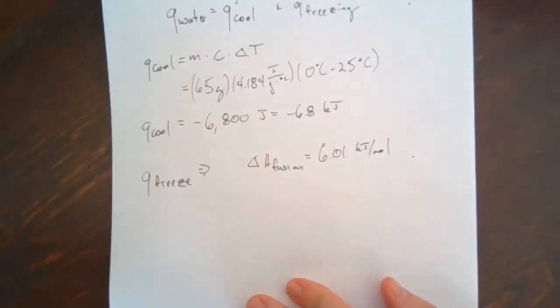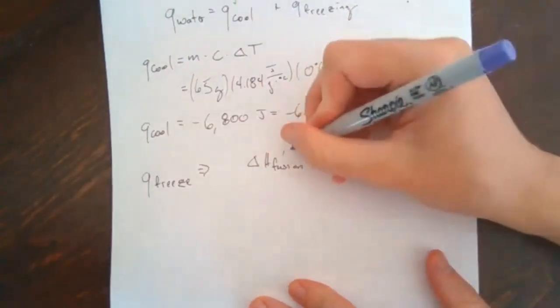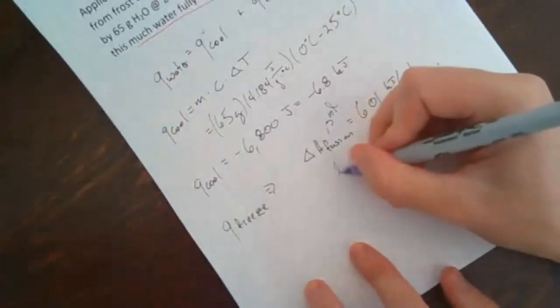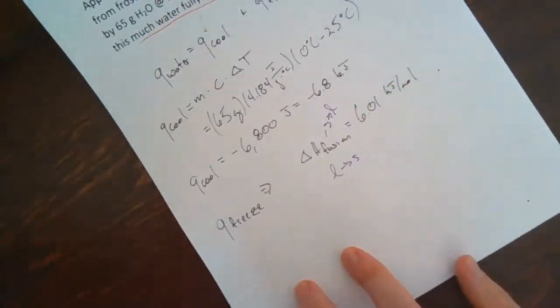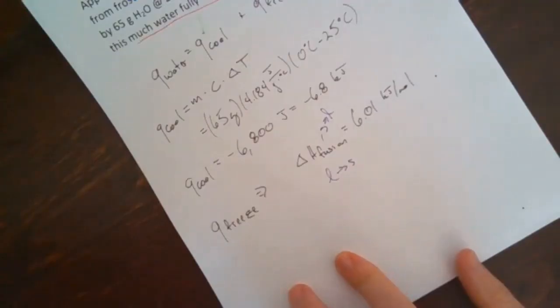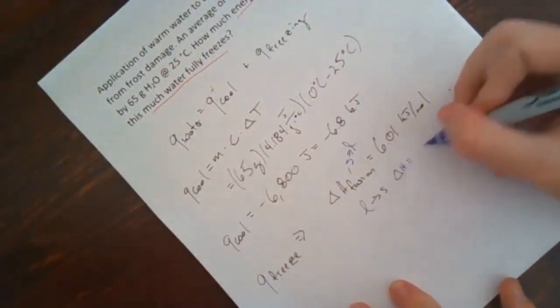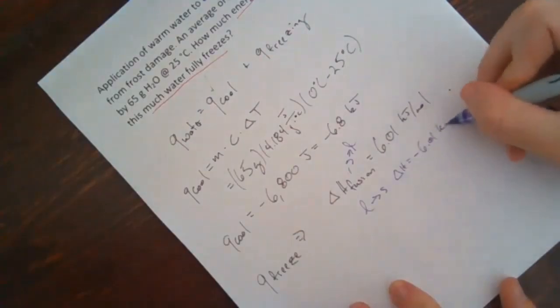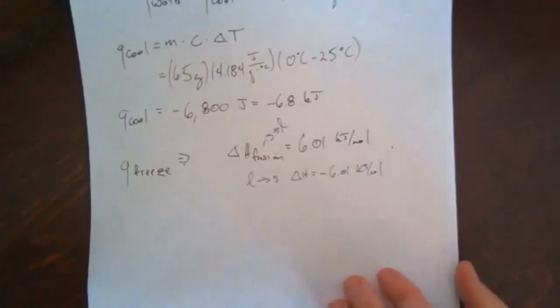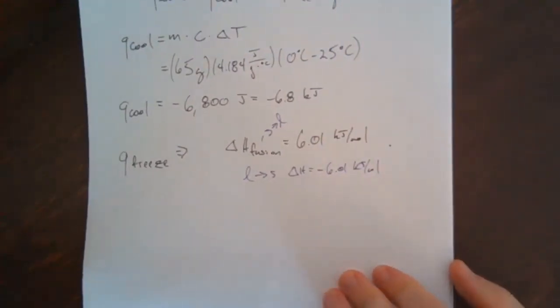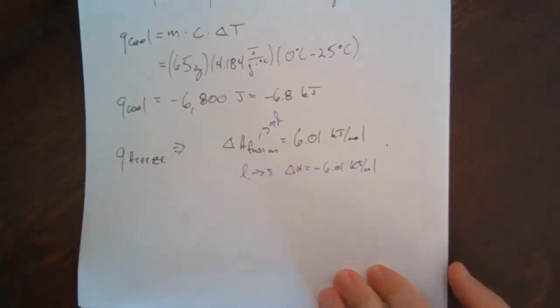The thing is, fusion is solid to liquid. So what I'm interested in is liquid to solid, not melting, but freezing. So that tells me that delta H is going to be negative 6.01 kilojoules per mole. So it's still per mole.